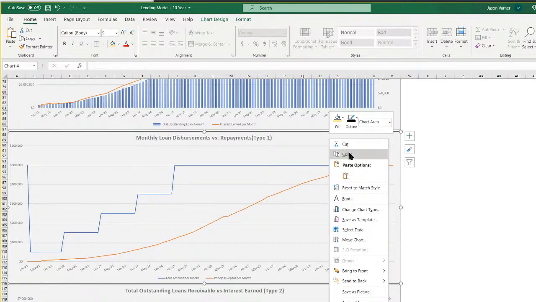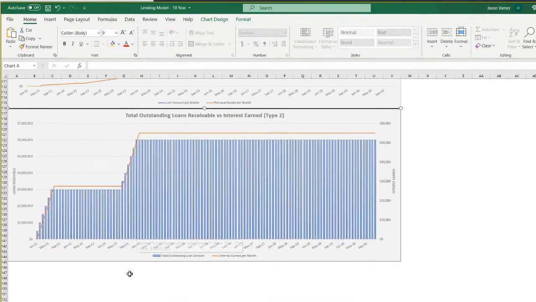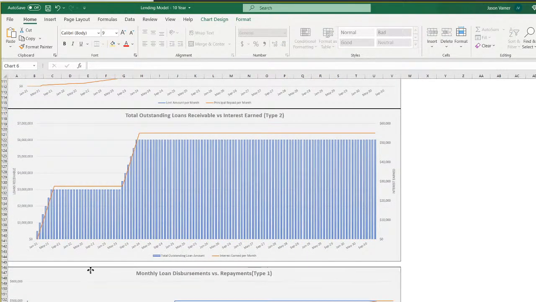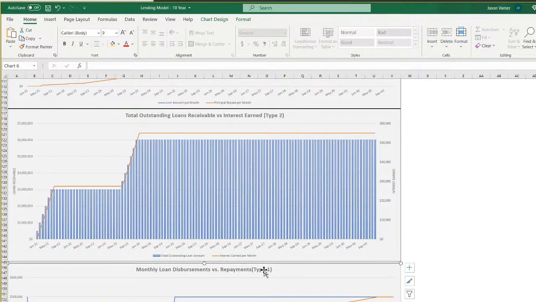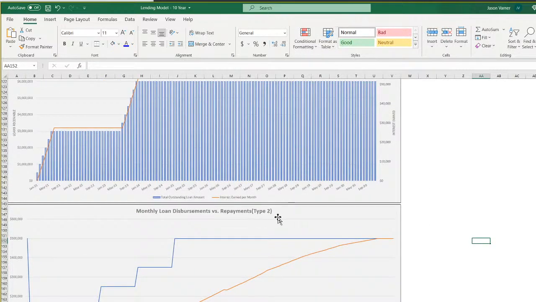Let's do disbursements versus repayments for type 2. And then type 3 should be kind of interesting compared to type 1 because it's principal and interest only.